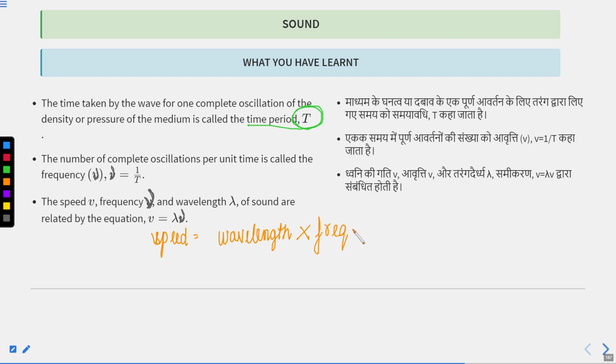Frequency nu is the reciprocal of time period. Time period is how much time a wave takes to complete one oscillation. Clear, class?